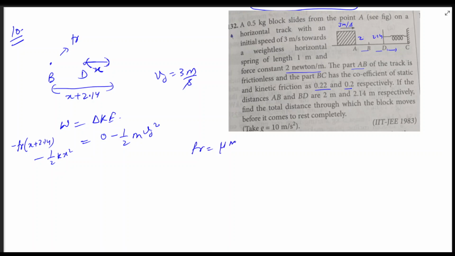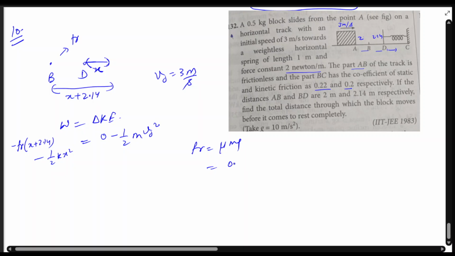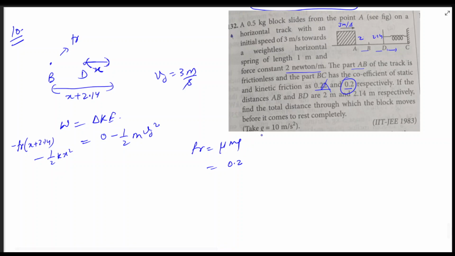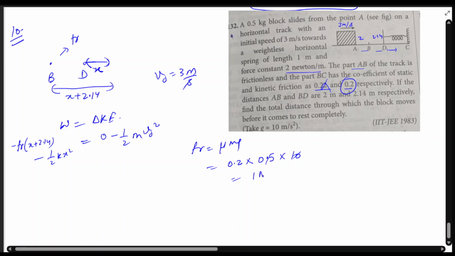Right? So friction we can find, friction will be mu mg. So mu is 0.2. Look, we have to take the kinetic, not static, because static friction will never do work. m will be 0.5 and g will be 10. So this decimal will get cancelled and this will be simply 1.